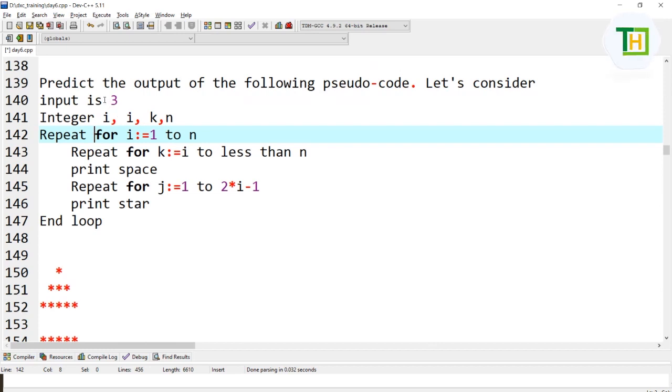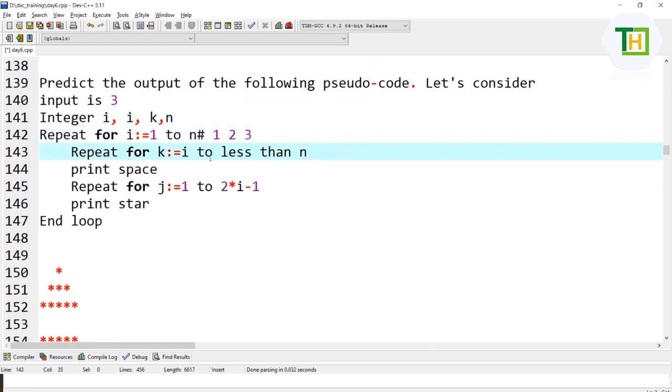Here the n value is going to be 3. That means the loop is going to be repeated for 1, 2, and 3, and it is coming to this position, i to less than n. What is k value here? K value is also working like this. K value is 1. K value is from i to 2.